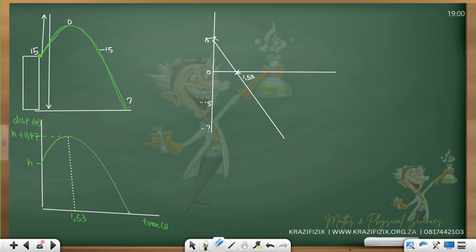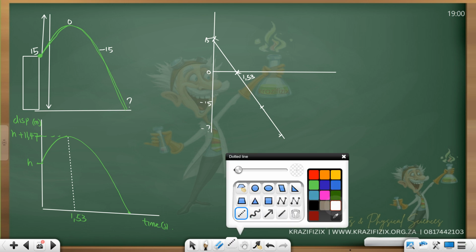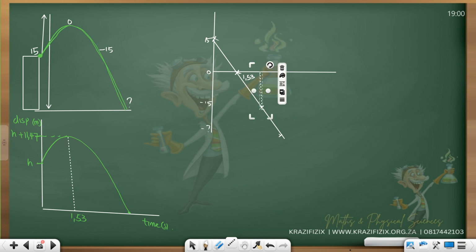Okay. All I need to do is to align these things here. And what time is this, by the way, again? When it returned there? 3,06. And I know this is velocity, meters per second, time, seconds.